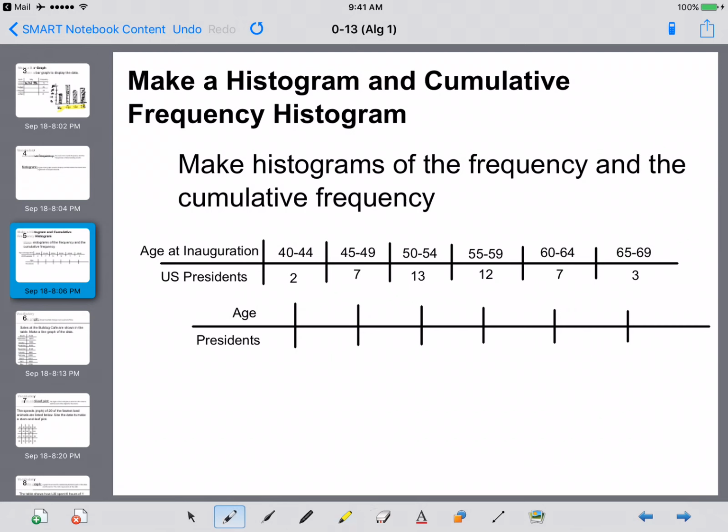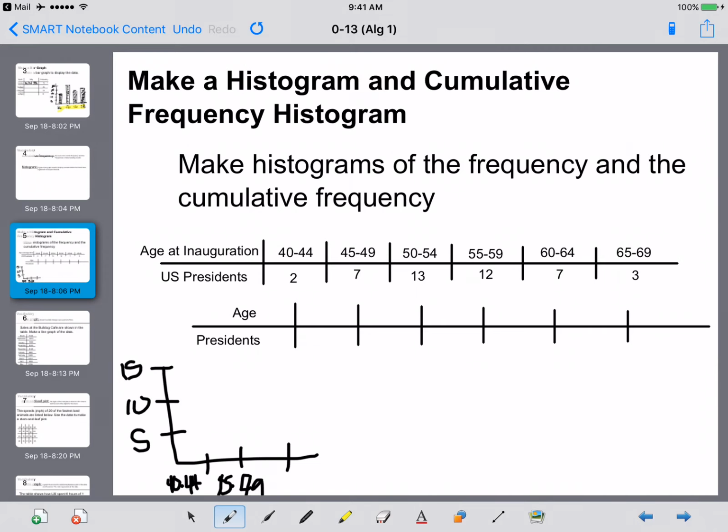So our first histogram we're making, 5, 10, 15. Like I said, mine aren't beautiful. Yours should be. And then down here we've got 40 to 44. So they're separated in groups of 5. 45 to 49.